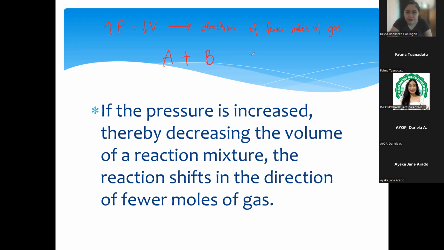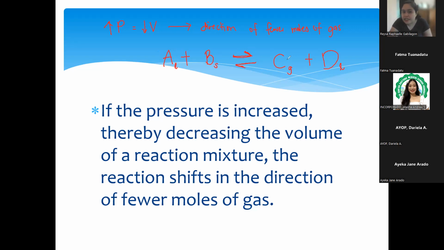So, di ba, if meron tayong chemical formula like this, this is a liquid, this is solid, pero in the product may nabuo ka na gas, ito liquid pa rin ito. So kapag nag-change ang pressure nito, class, remember this is the backward reaction, this is the forward reaction.